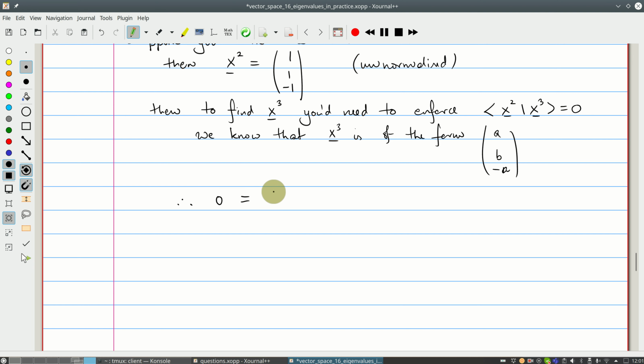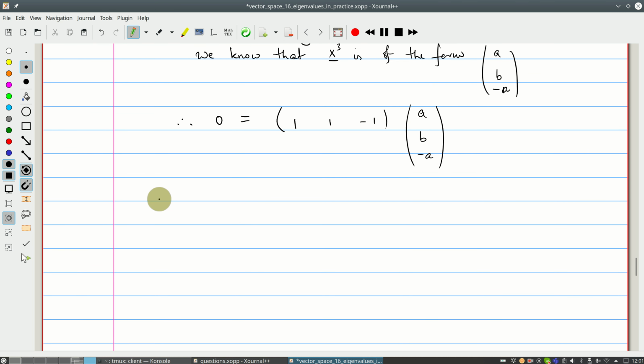Therefore, we must have 0 equal to the Hermitian adjoint of this, which is 1, 1, minus 1, times a, b, minus a. And this will give you a condition on a and b. So I'm going to leave this for you.